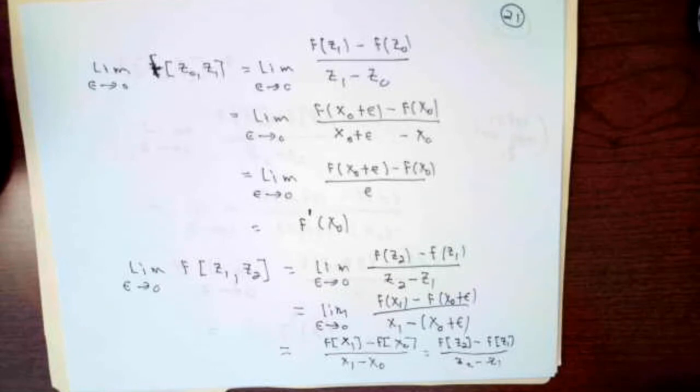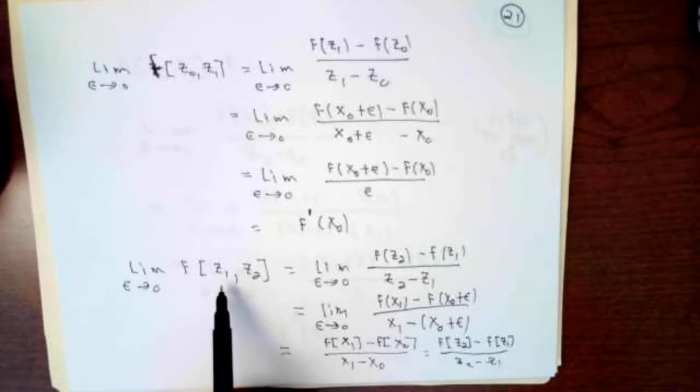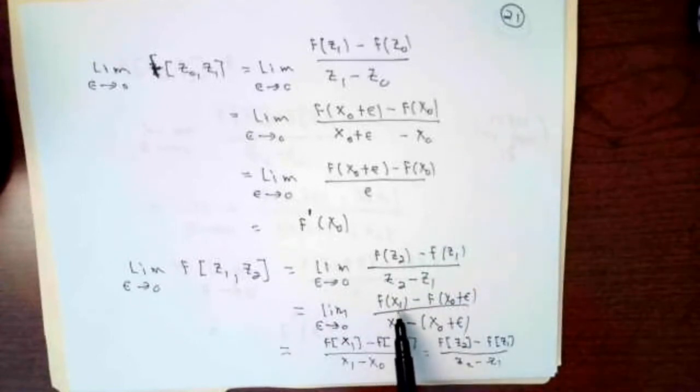So the top number that I put in column 1 should be a value of the derivative. The next one down after that, we've got to take the limit again, but this time my divided difference is based on z1 and z2. So putting in what z1 and z2 are, f at x1 minus f of x0 plus epsilon. On the bottom, x1 minus x0 plus epsilon.